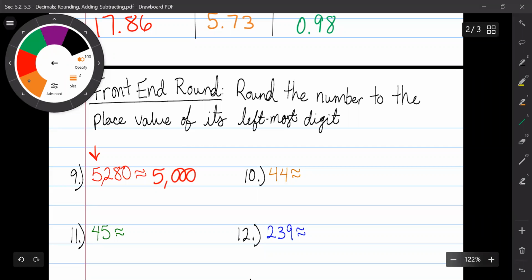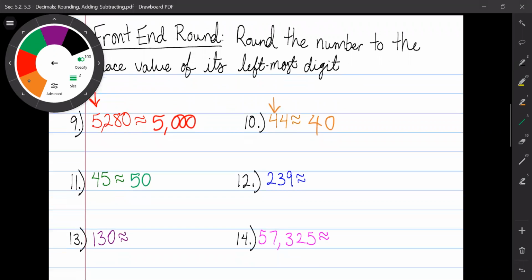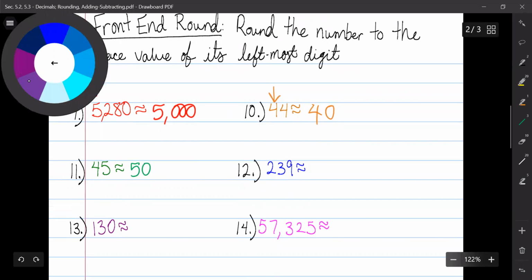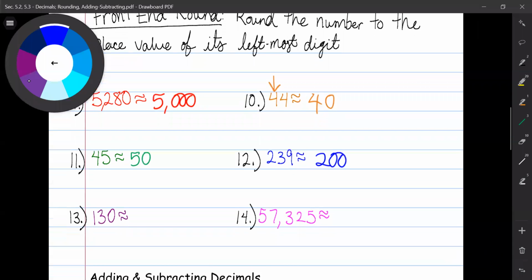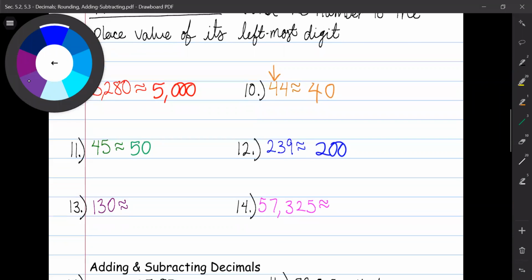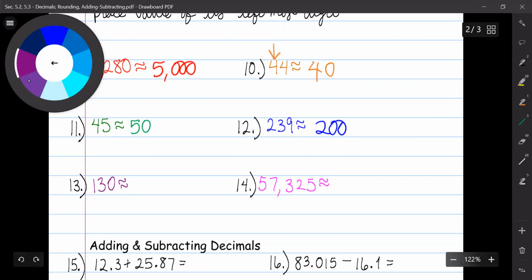All right, and then number 10, 44, so that would round down to 40. 45 would round up to 50. 239 would round down to 200. $130 would round down to 100.